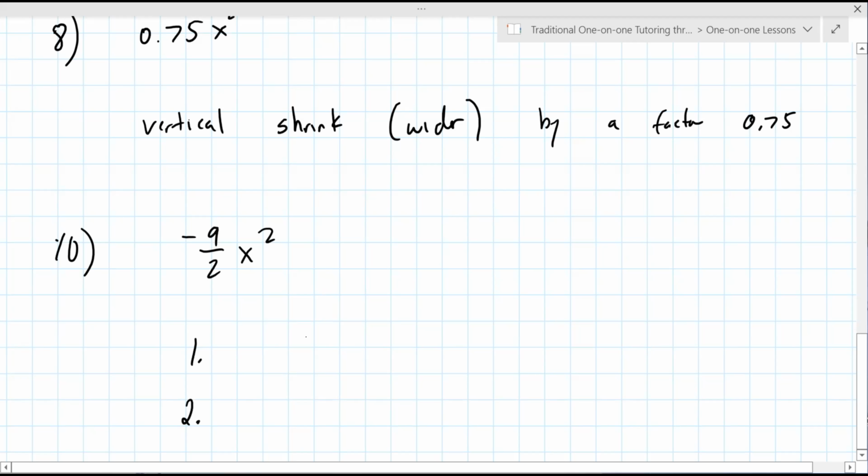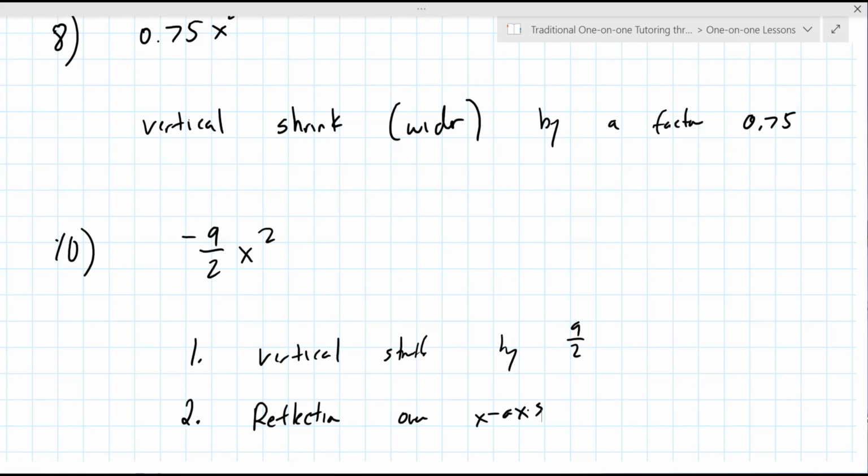Since 9/2 is greater than 1, we would say a vertical stretch by 9/2. And then it would be a reflection over the x-axis, exactly. And you have to give all of that. You can't skip out on any of those words. They're very important here.